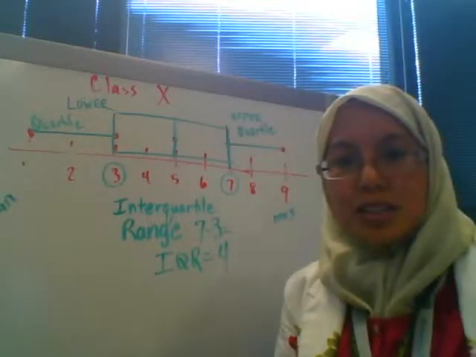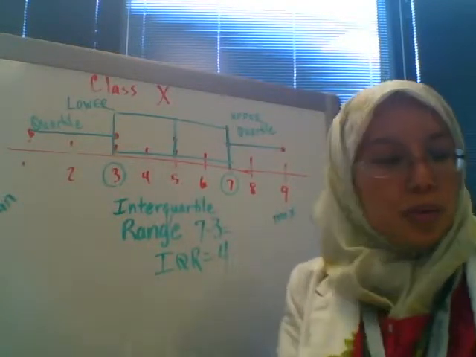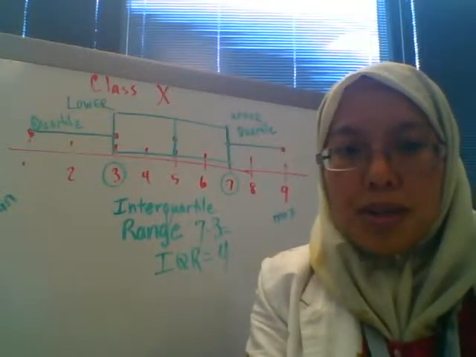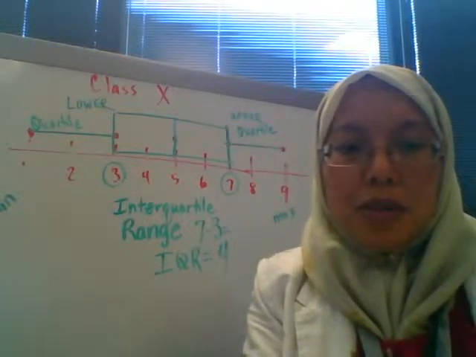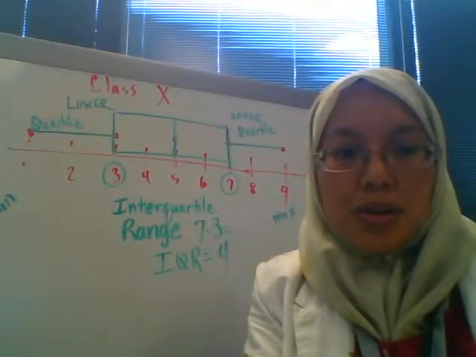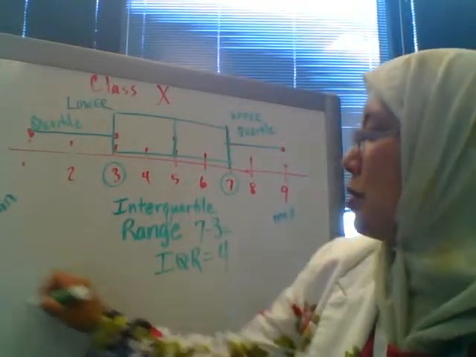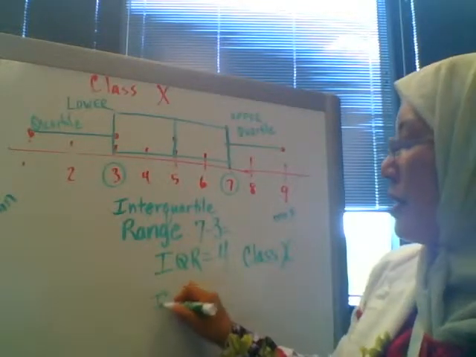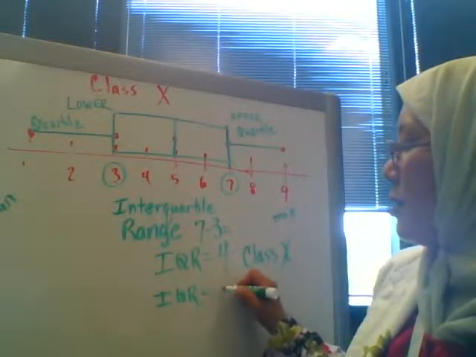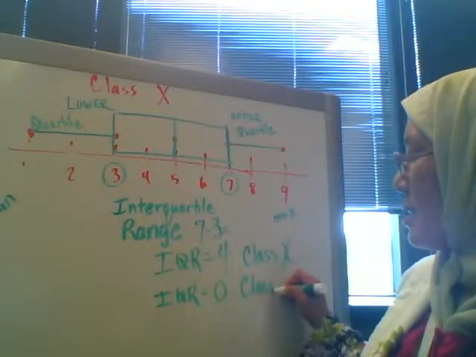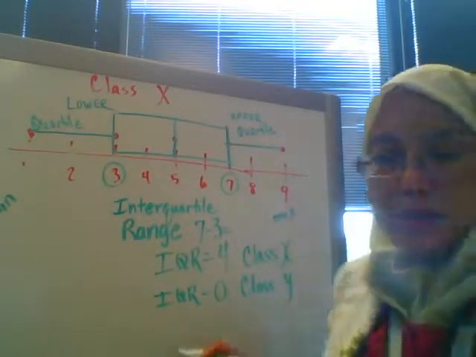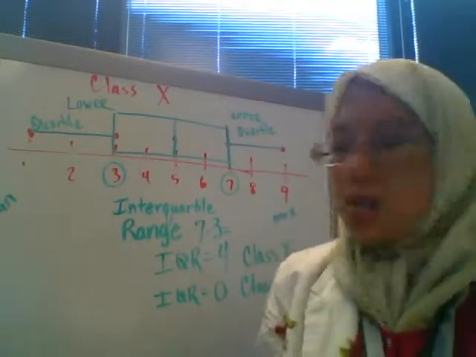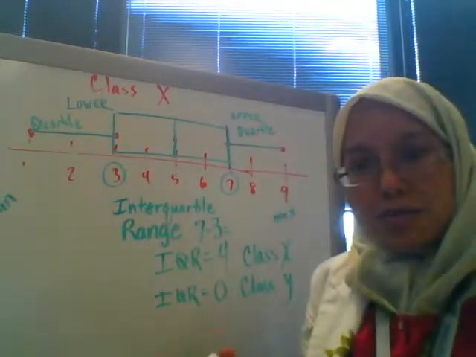If we did that to the other one, and we compare, so that's a big number, 4, right? In statistics anyway. If you compare this to your other data set, the IQR for class Y, you will see, because the numbers are all close, all of the kids pretty much read 5 books, I think. Is that right? Yeah. So that means there's not a lot of range.